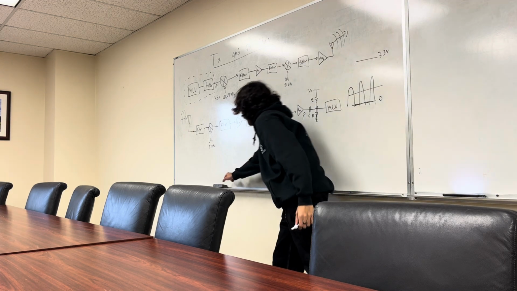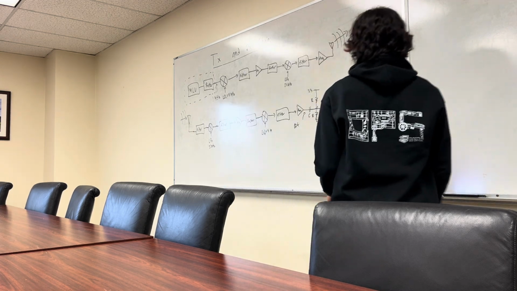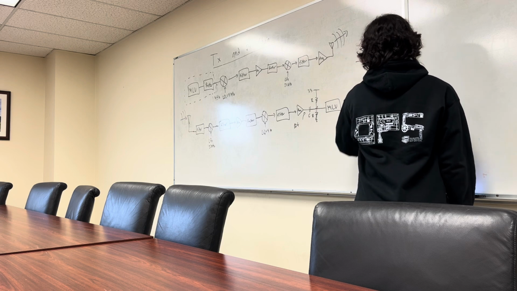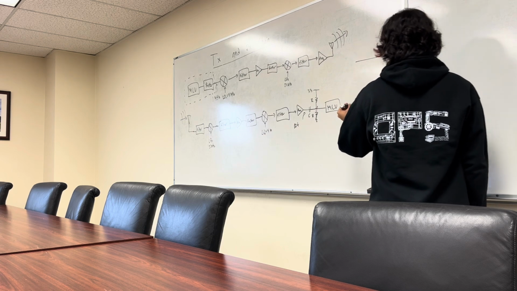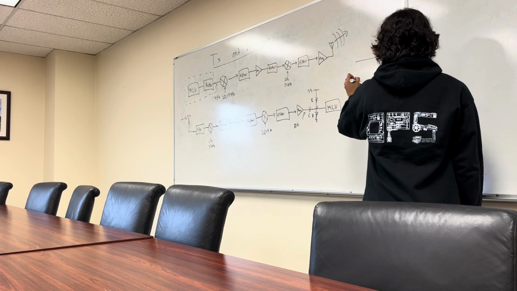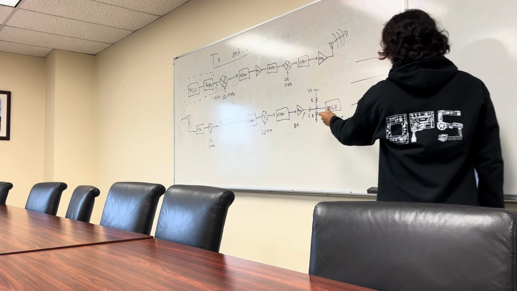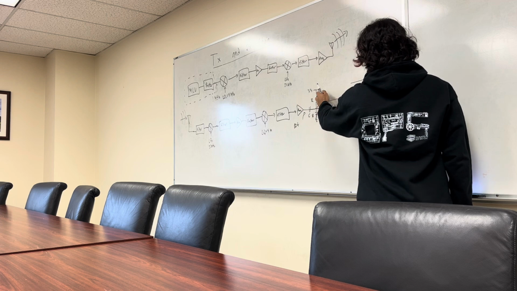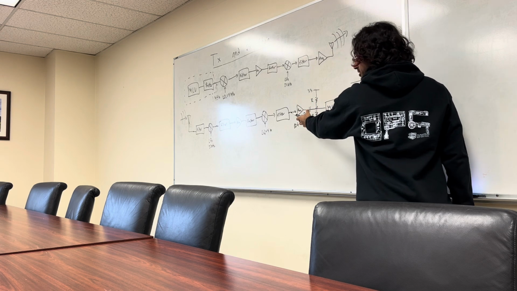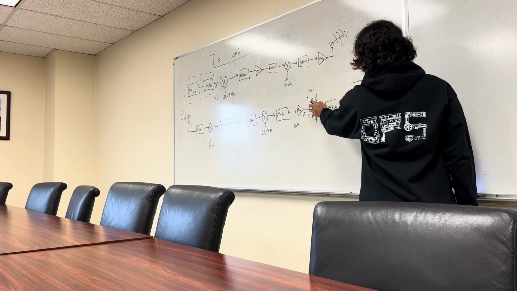So instead, if you want the maximum dynamic range, generally you would bias in the middle, at 1.65 volts, which this resistor divider does. This capacitor helps decouple your AC from your DC, so you can set a new DC point here.